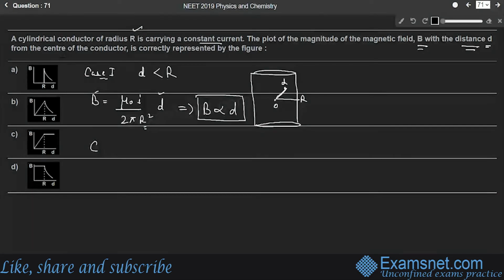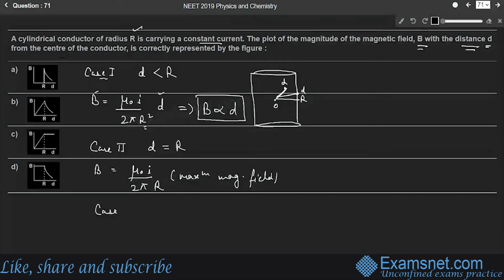Now in case 2, this distance will be exactly equal to the radius. That means the point will lie on the wall of the conductor. Okay, so this will be same as the radius. In this case the magnitude of magnetic field will be equal to mu naught I by 2 pi r. Okay, now here the magnetic field will be maximum.